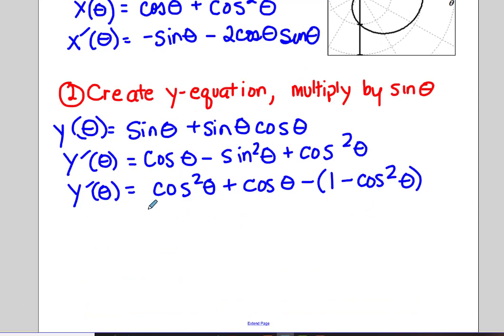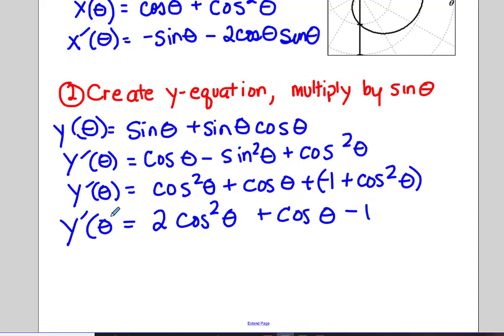We can say this is plus, minus, plus. So we got 2 cosine squared theta plus cosine theta minus 1 as our reduced down y prime theta.